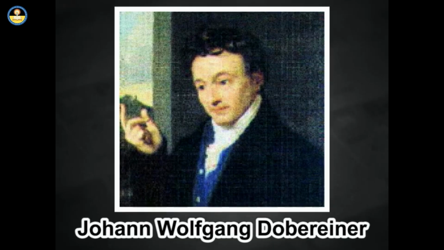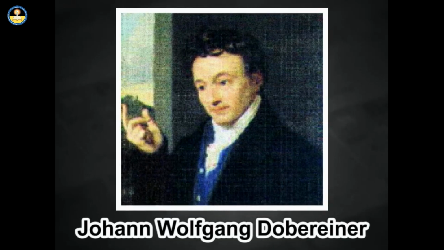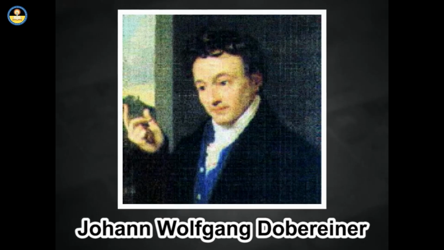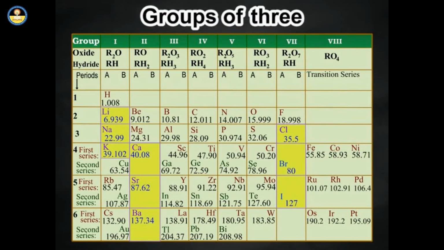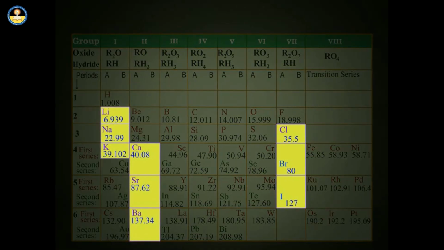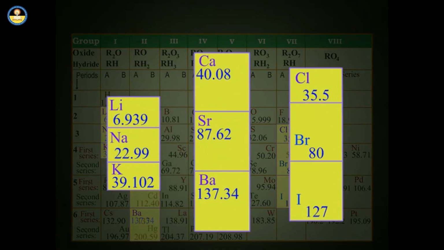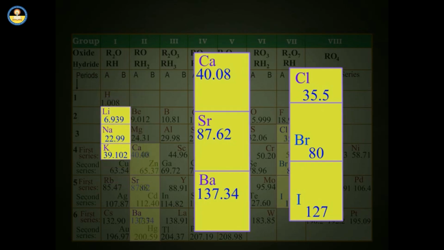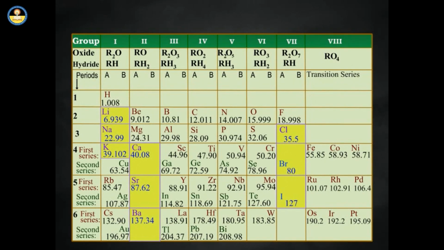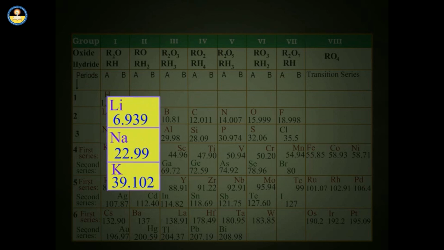In 1829, German chemist Johann Wolfgang Dobereiner divided the elements into groups of 3 with similar chemical properties, known as Dobereiner's law of triads. It states that when a group of 3 elements is arranged in increasing order of atomic masses, the atomic mass of the middle element is approximately the average atomic mass of the other 2 elements in each triad.